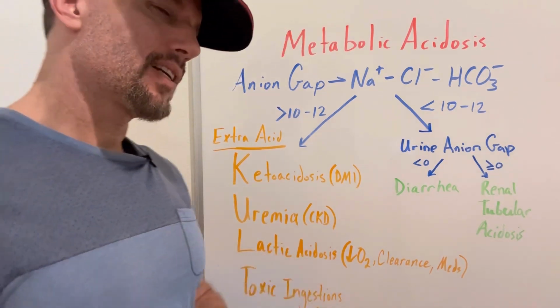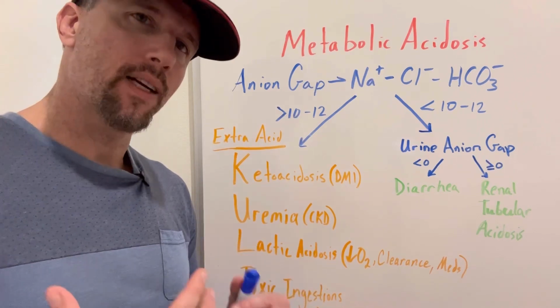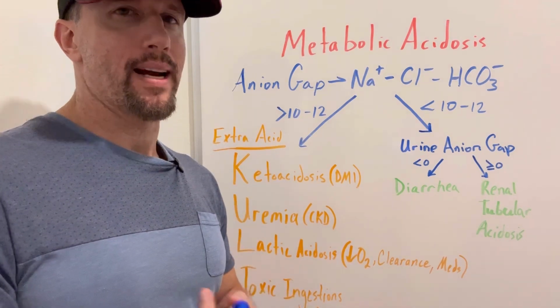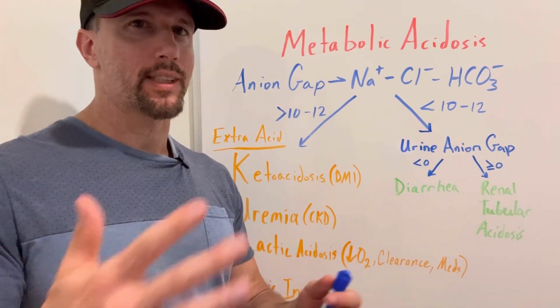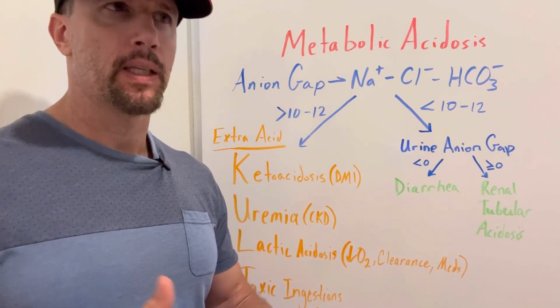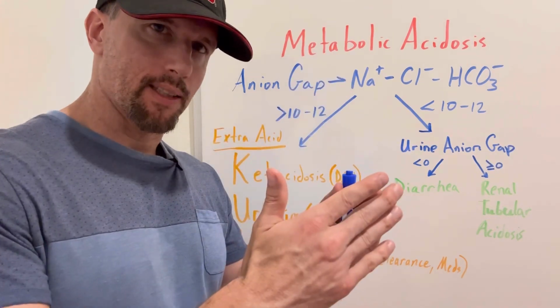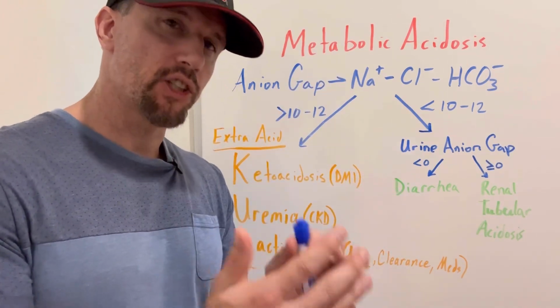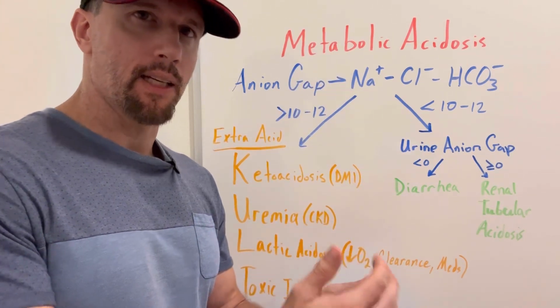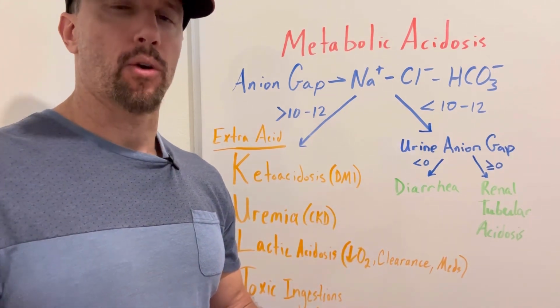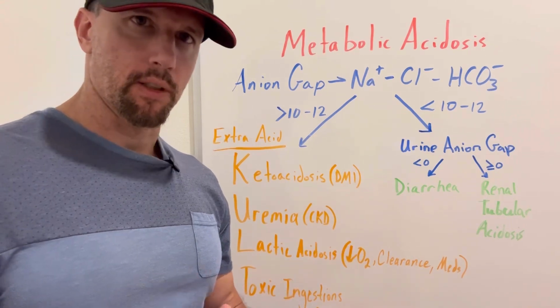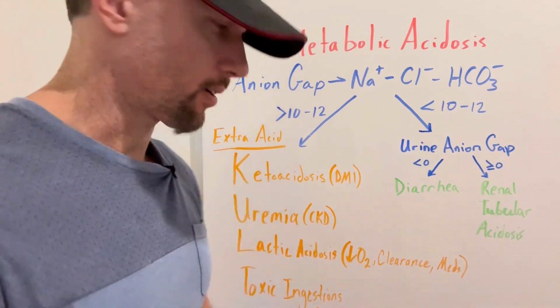Another is lactic acidosis, and this is probably the most common cause of anion gap metabolic acidosis. If you think about the whole cellular respiration system, you start with glycolysis, and if there's oxygen available, then pyruvic acid will move into the mitochondria and go through the Krebs cycle or citric acid cycle.